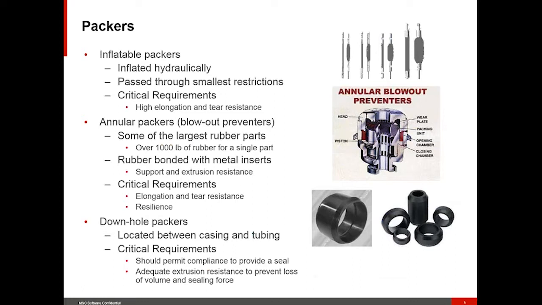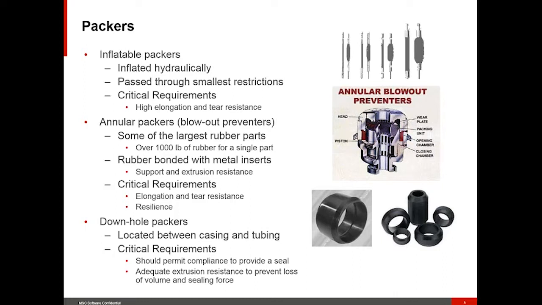Some of the largest rubber parts for drilling and production are annular packers for blowout prevention. Some of the larger rubber parts can be over 1,000 pounds for just a single part. The rubber is bonded to large metal inserts, which provide support and extrusion resistance.